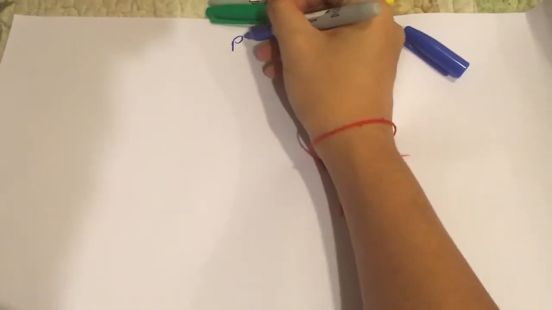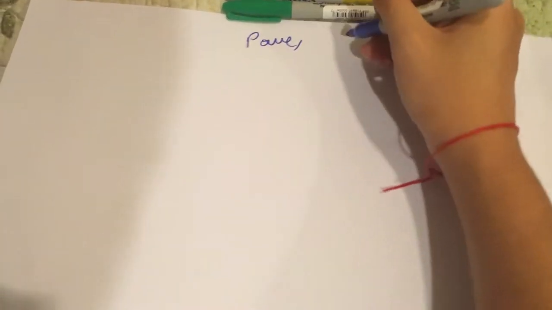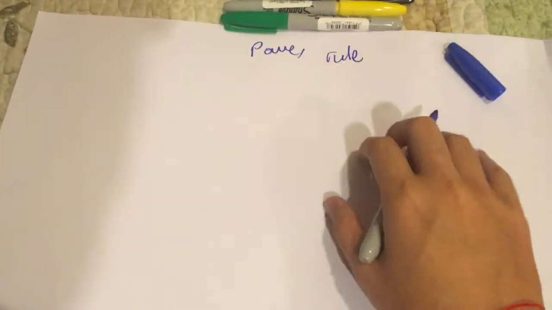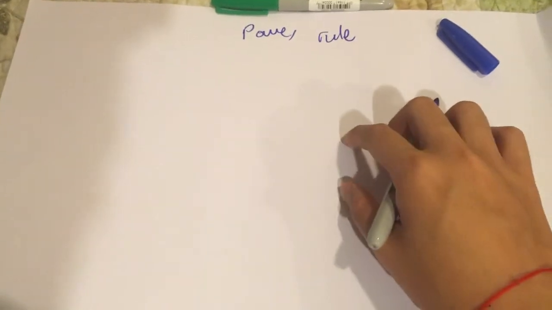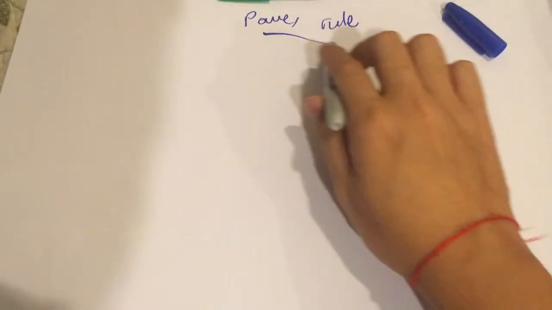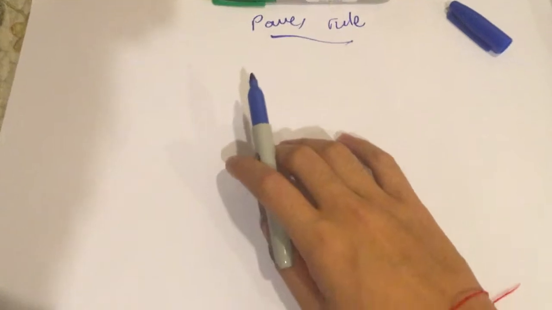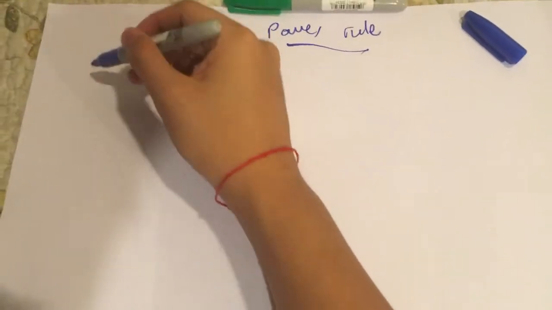As we discussed from the previous chapter, we can generalize the first principle case into a formula called the power rule. So firstly, let's go back to our initial case.